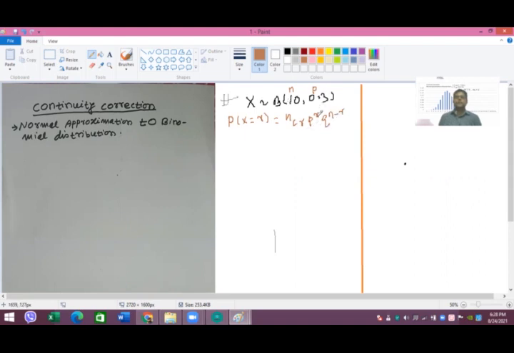Here p equals 0.3, so q is obviously 1 minus p, that is 0.7.